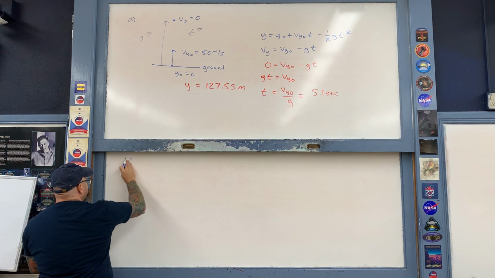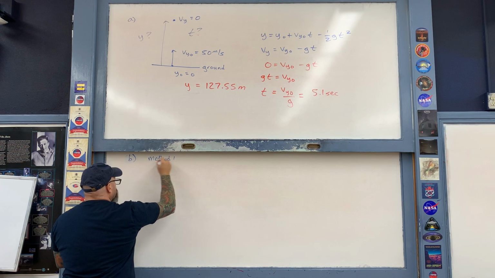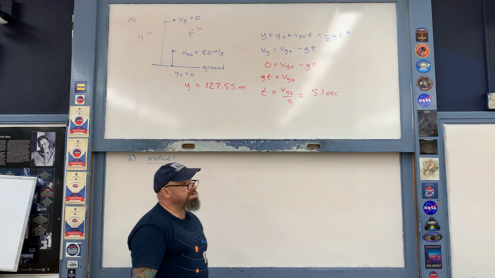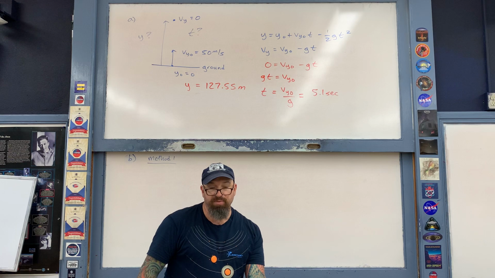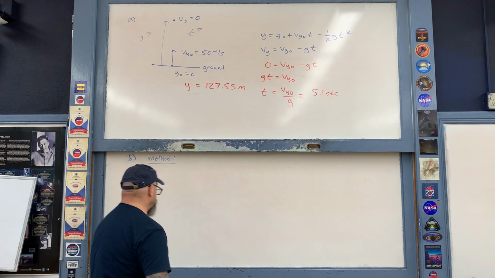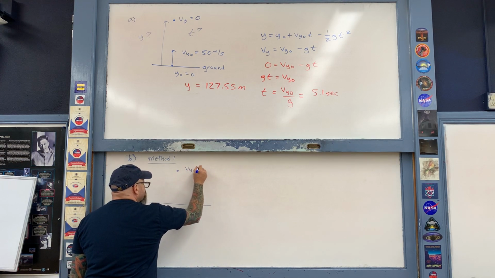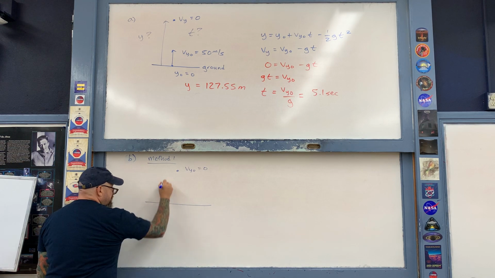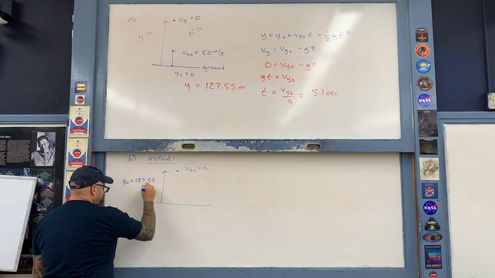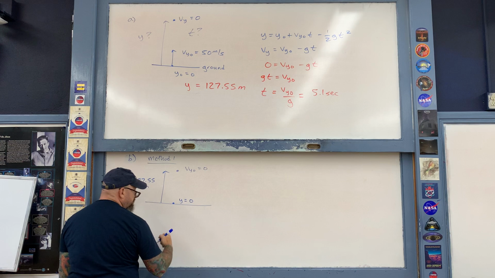Okay, for part B, let me refer to this as method 1. What I'm going to do for method 1 is drop the object from rest at its height of 127.55 meters, and then just calculate what happens when it returns to the ground. So here's the object initially at rest, with an initial position y naught of 127.55 meters, and then we drop it all the way down to the ground with a final position y equal to 0.